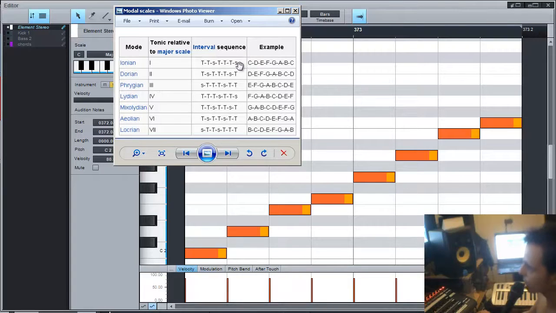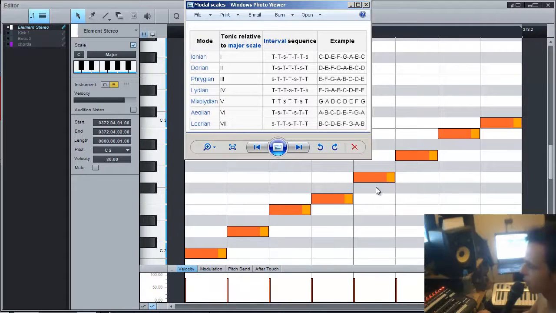So what this means is that C major scale notes are the same notes that Dorian in D has. So Dorian in D has the same notes as the C major scale and the Ionian scale, which is exactly the same as the C major scale, right?